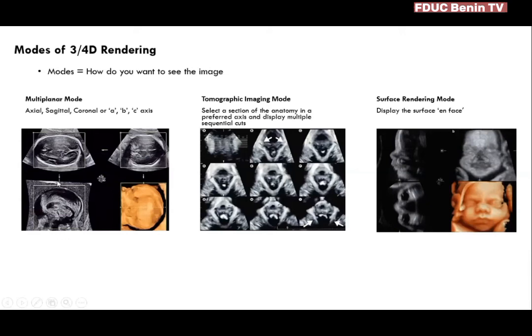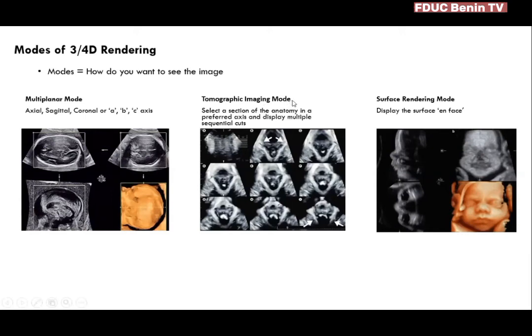Note that the image quality of the sagittal cut in the C axis is much more degraded compared to the primary image in the A axis. So like I mentioned earlier on, one of the consequences of 3D or volume acquisition is a loss of image quality.